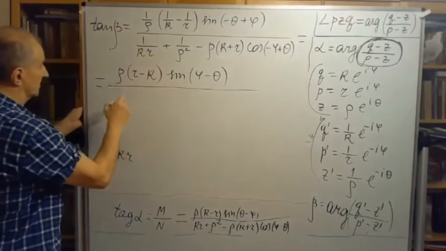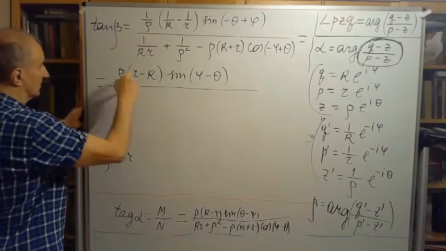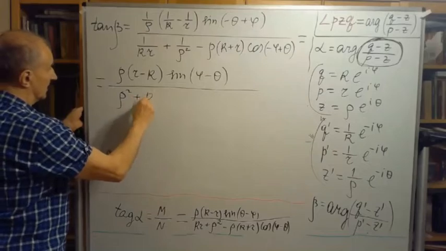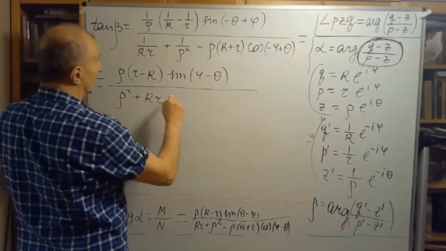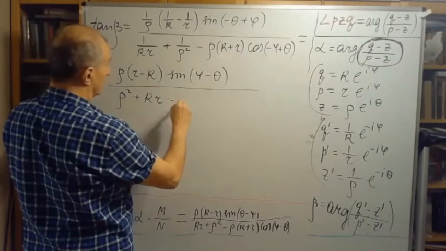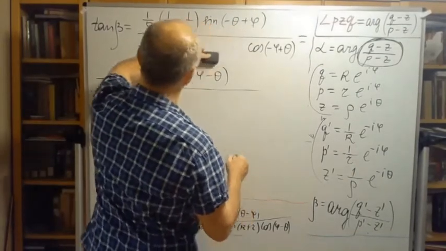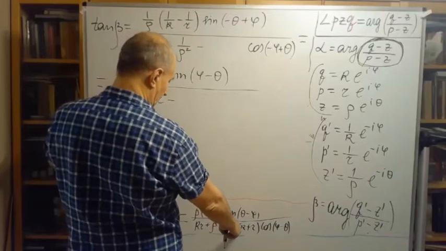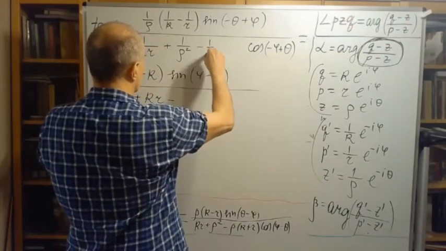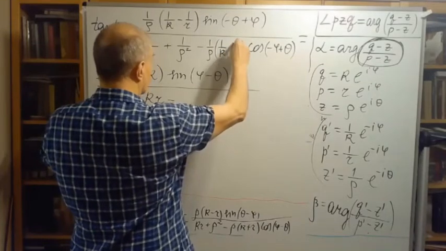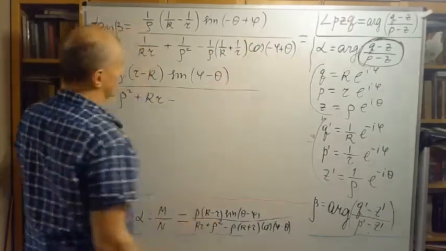What will be here? Rho squared, because multiplied by rho squared r plus r minus, and I made a mistake, it must be what? 1 over rho, 1 over r plus 1 over r, right?